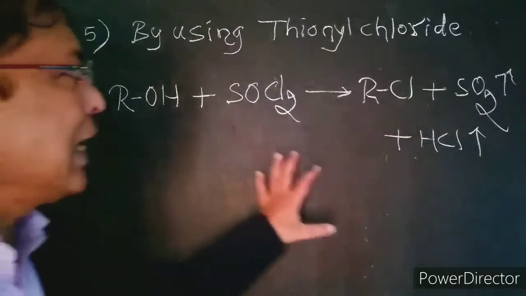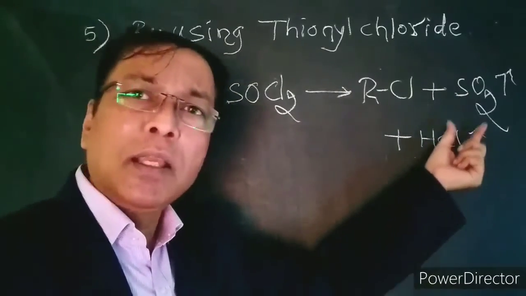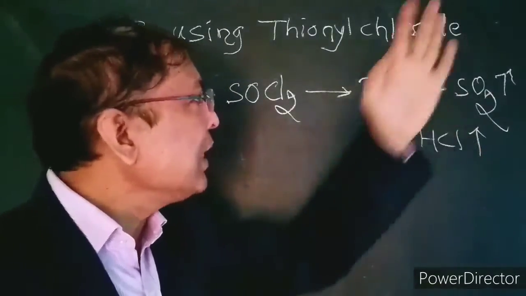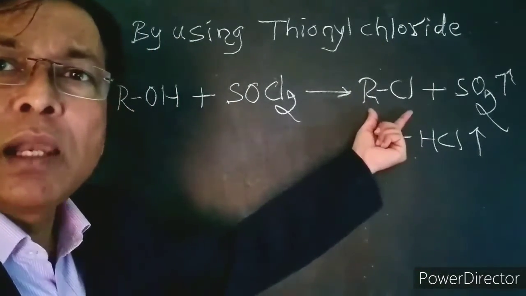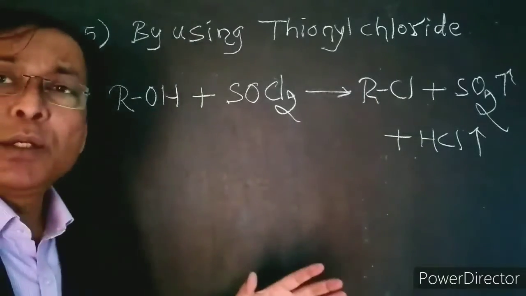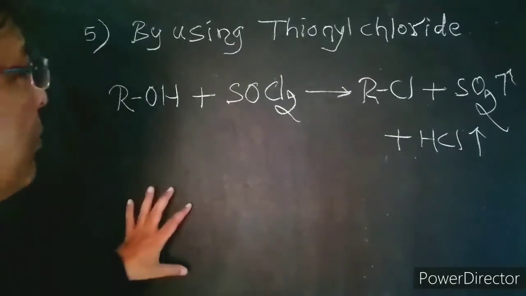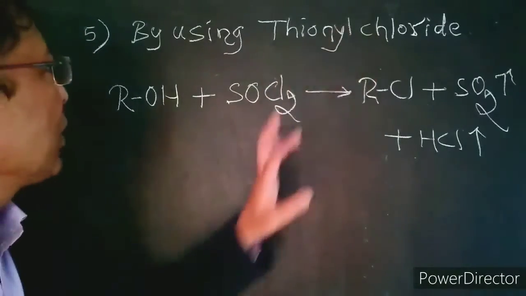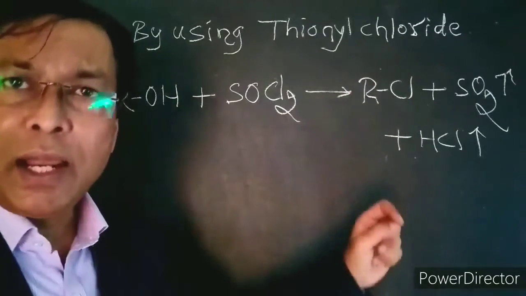In this reaction, sulfur dioxide and HCl are in gaseous form and they escape into the atmosphere, leaving behind the pure alkyl chloride. So this is the best method to prepare alkyl halides. By using thionyl chloride, we get the pure form of alkyl halides.